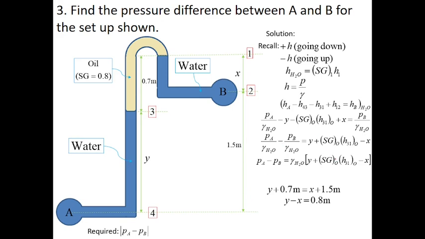This is our equation. And then we take the absolute value of both sides. Since we want the pressure difference, we disregard the negative sign.